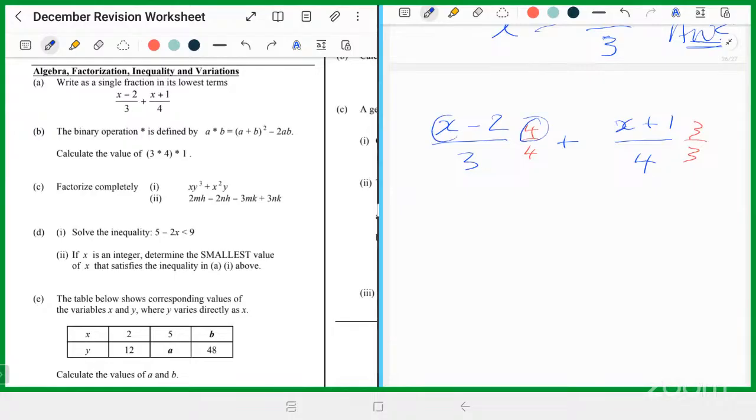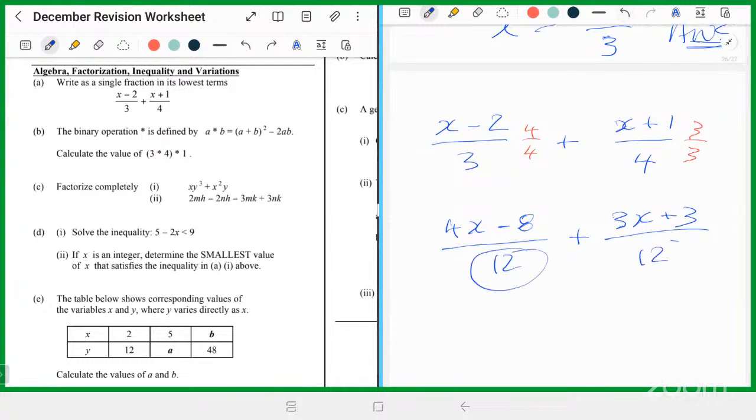So 4 times x is 4x. 4 times minus 2 is negative 8. Divided by 3 times 4 is 12. Plus 3 times x is 3x. 3 times 1 is 3. Over 3 times 4 is 12 again.